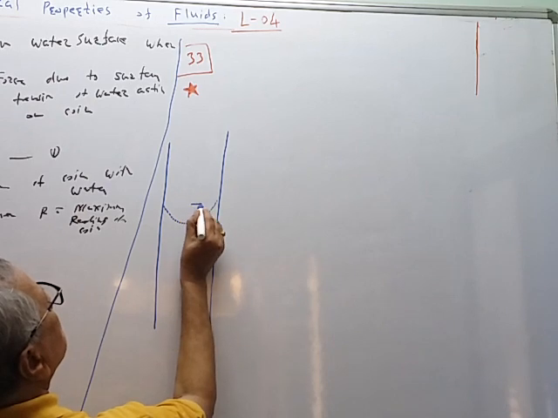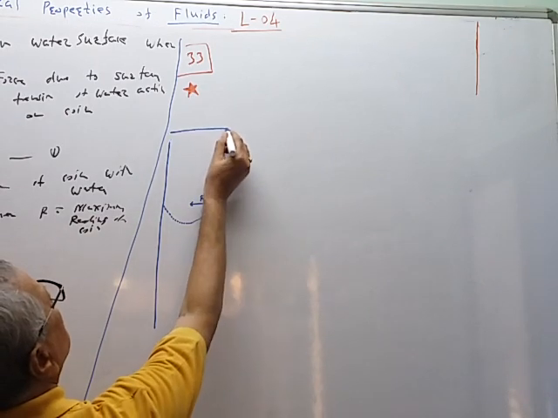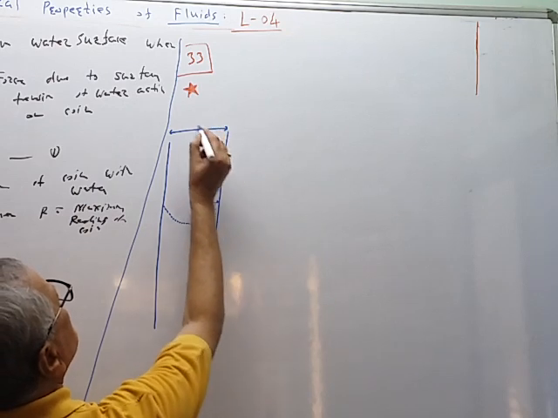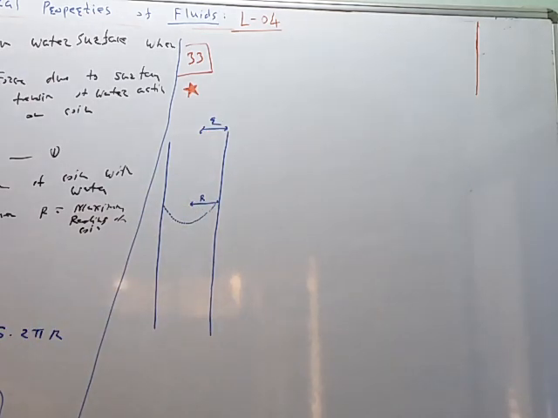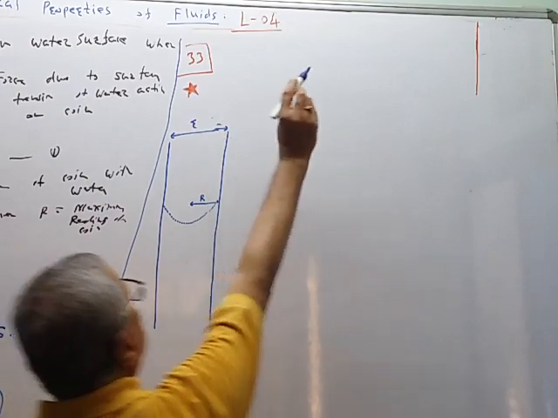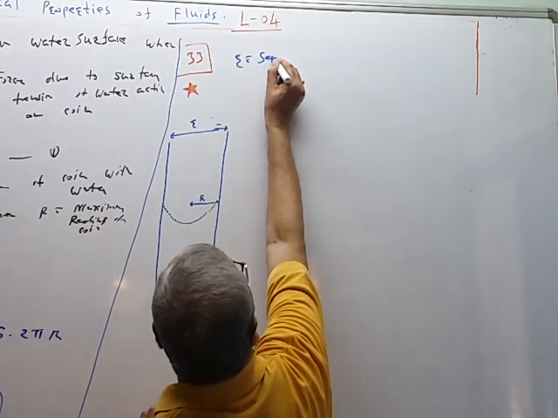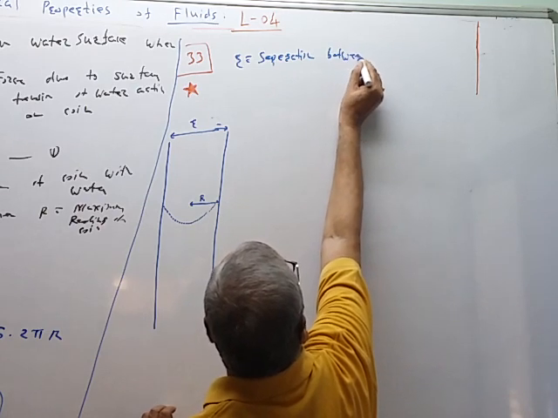So this is the radius of the curvature, and it is equal to... this separation between the two walls is R. R is equal to the separation between the two plates.